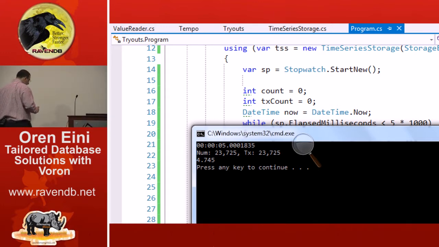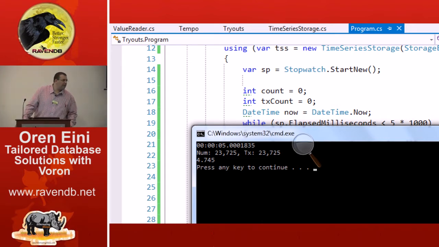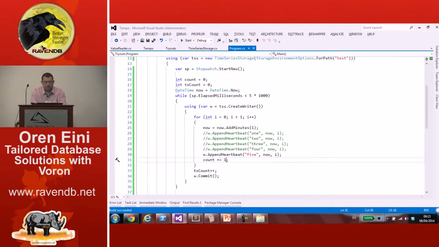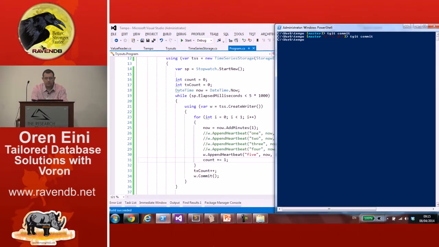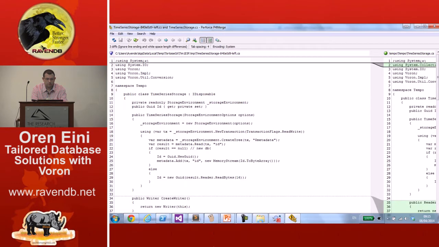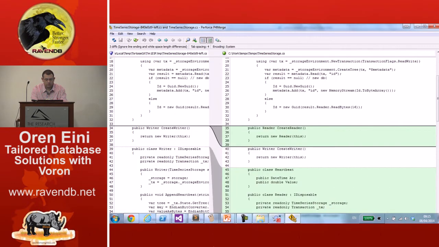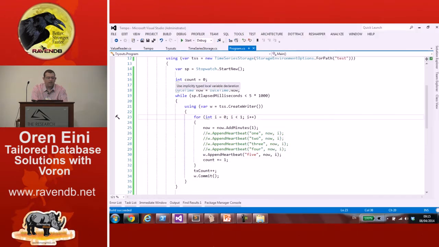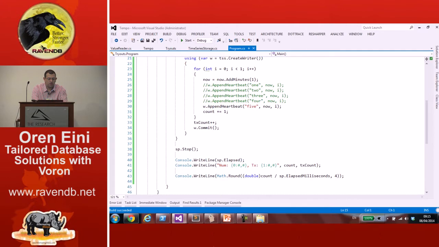Now, I want to do something else. We've written a lot of data into the database. I want to now check read speeds. And I'm just going to commit that. We don't care about this now.